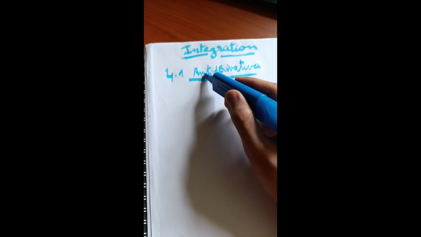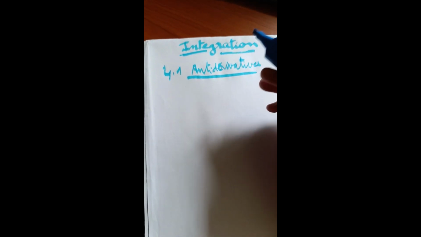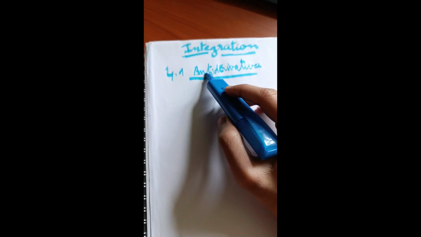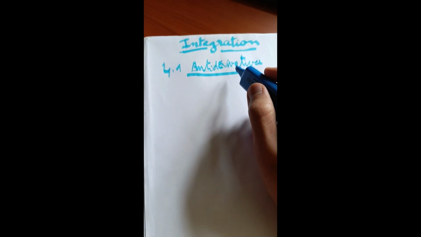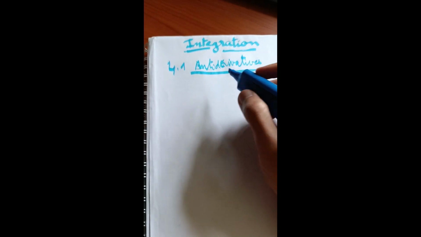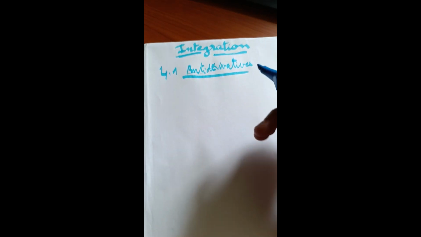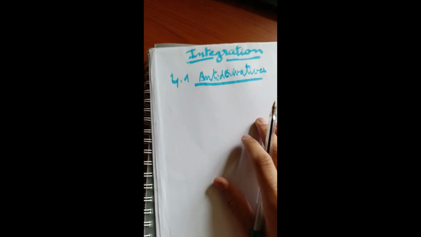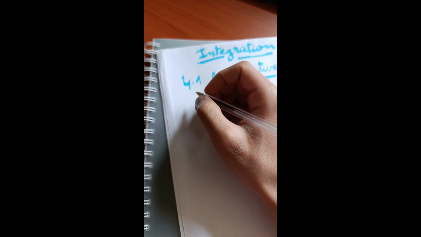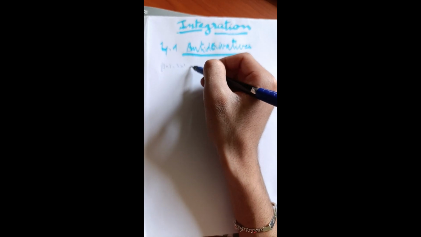What we mean by antiderivatives is just that. Derivatives, we know what that is. That's differentiation. So when we add the word anti, we mean that we are undoing our differentiation, which means we are trying to go back to the original function before we did differentiation. So let's say, from the book, we take the example f of x equal to 3x squared.